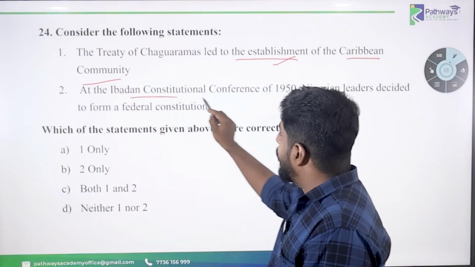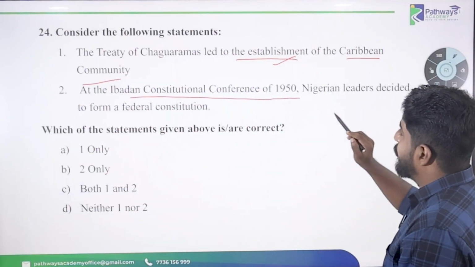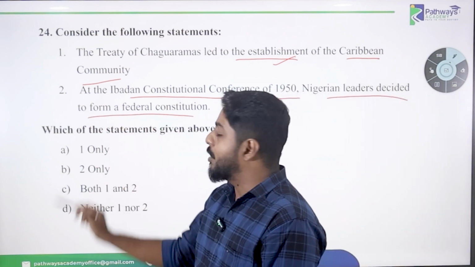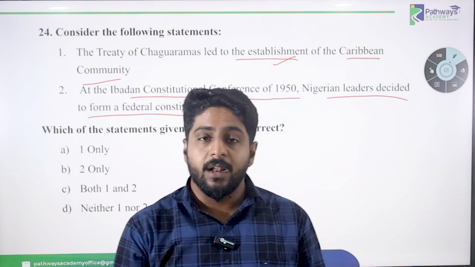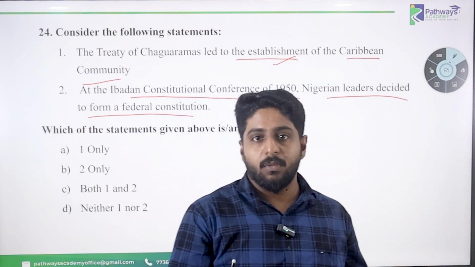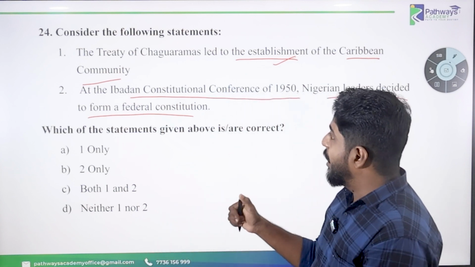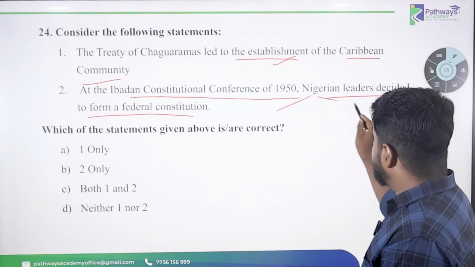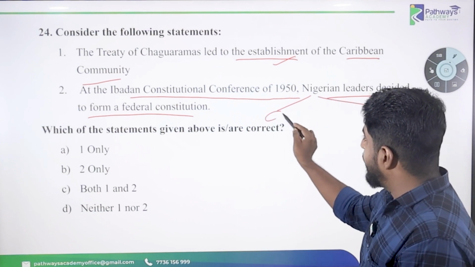At the Ibadan Constitutional Conference of 1950, Nigerian leaders decided to form a federal constitution. So until then, there were in fact separate communities, one particular Nigerian section as well as another particular Nigerian section. They were separated.